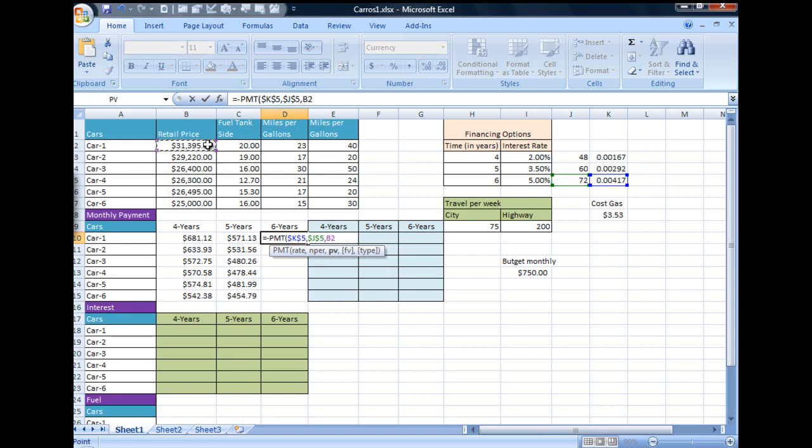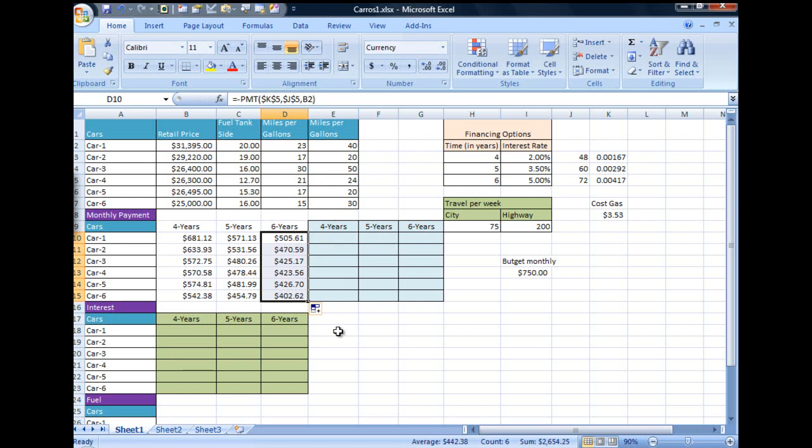Close the parenthesis and drag the information. And we completed the monthly payment for the car.